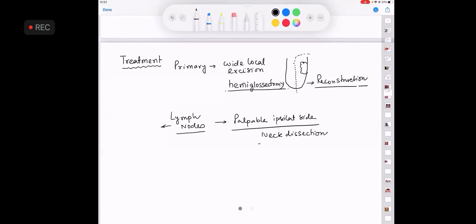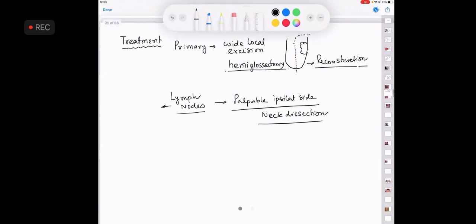What kind of neck dissection? Tell the examiner, I would like to remove levels 1, 2, 3, 4 and 5. The examiner will ask you what is the name of the dissection, radical or modified radical.